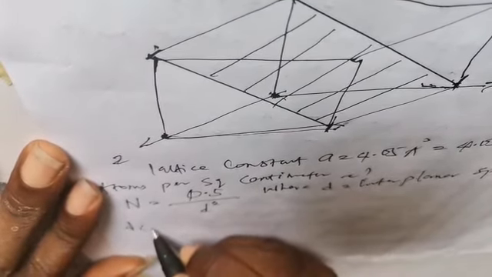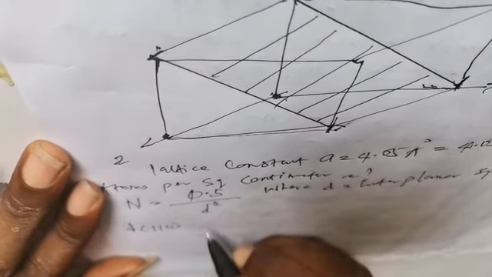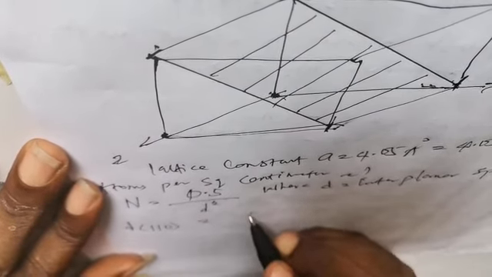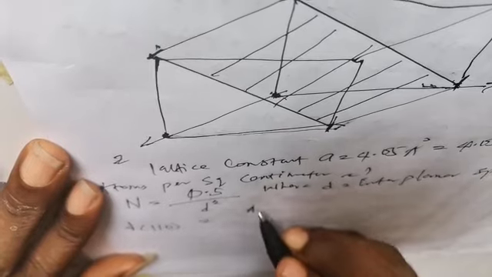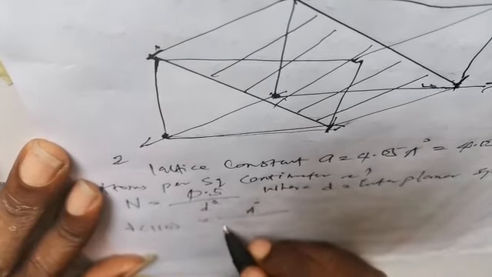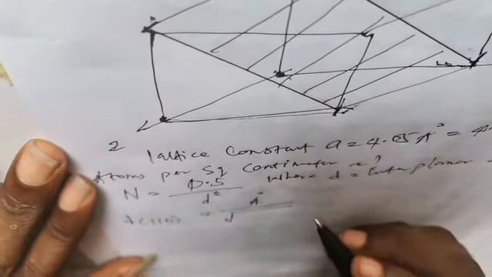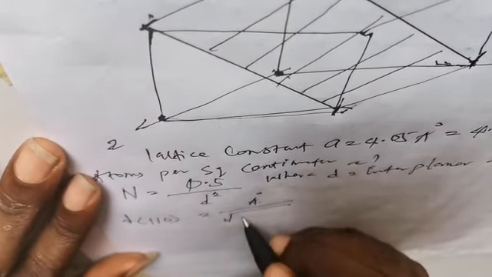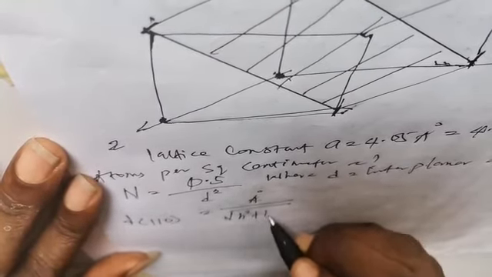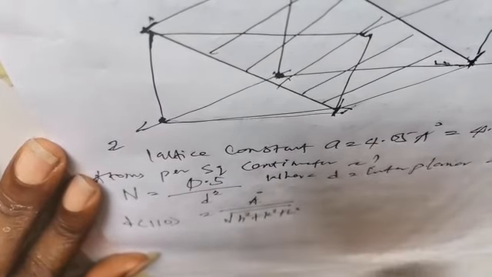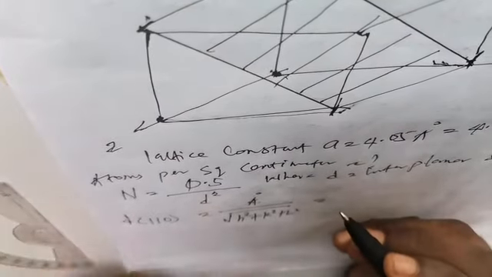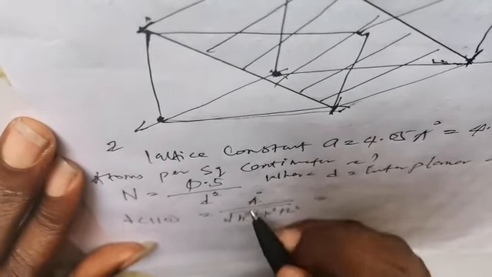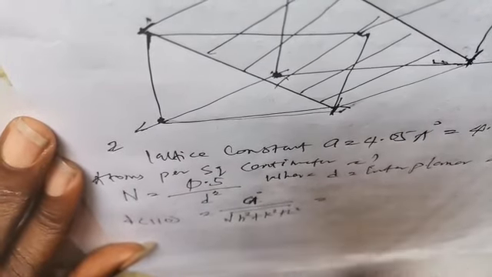For the given plane 110, d is given as a over the square root of the sum of the squares of the individual Miller indices. So you have h squared plus k squared plus l squared. a stands for the lattice parameter. This was supposed to be small a.